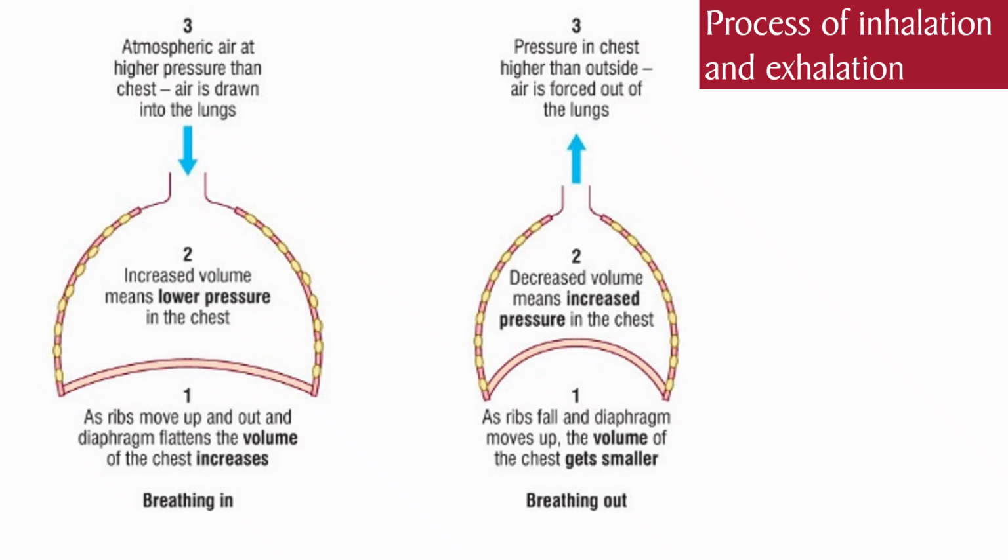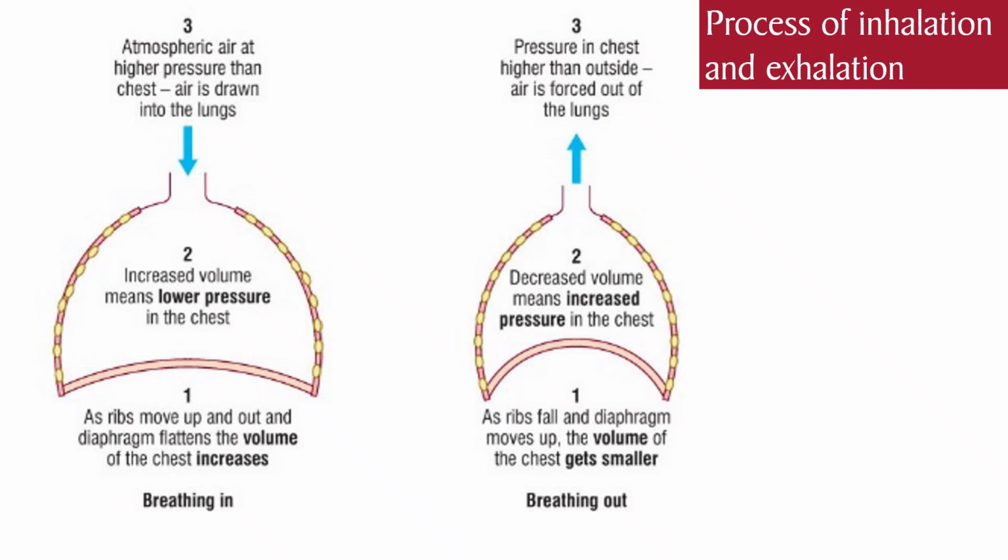As ribs move up and out, the diaphragm flattens. So the diaphragm flattens, that means it goes down, and the volume inside the chest increases. So that area within the yellow and the diaphragm at the bottom gets bigger, because that pink line has gone flat.